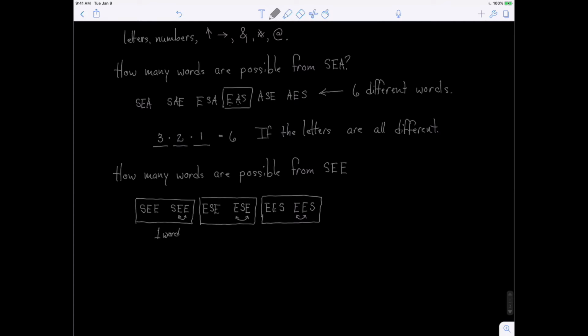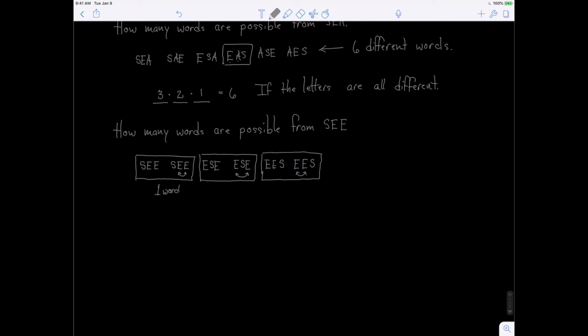But how could I get that? That doesn't make sense. Well, let's do this. Suppose I have a 2-letter word. So let's consider a 2-letter word. How about T-O?